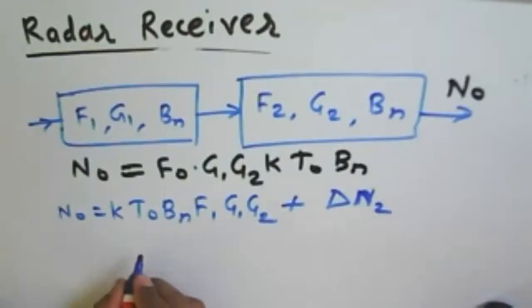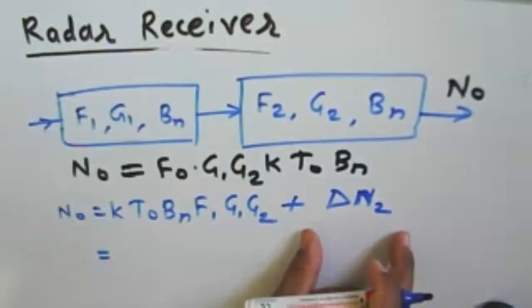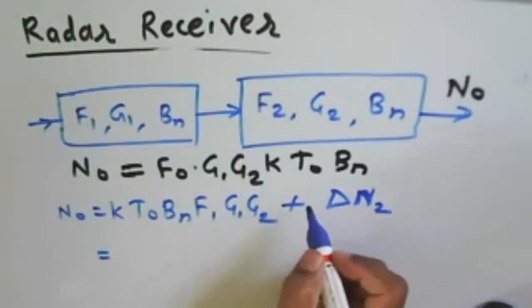We can solve it: dN2 is nothing but the noise introduced by network 2, given by the noise figure F2.